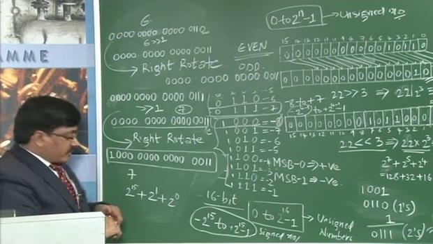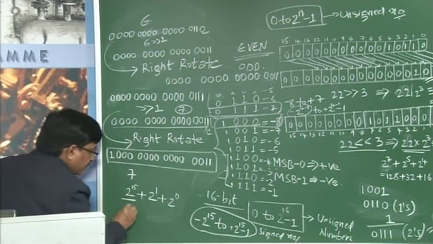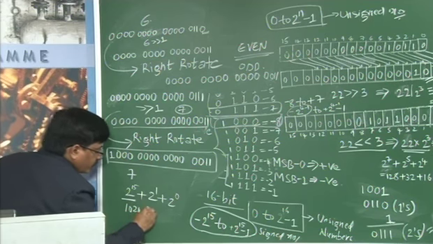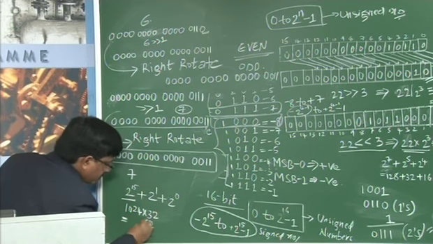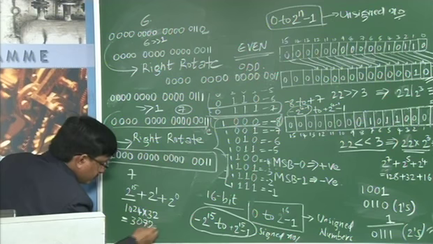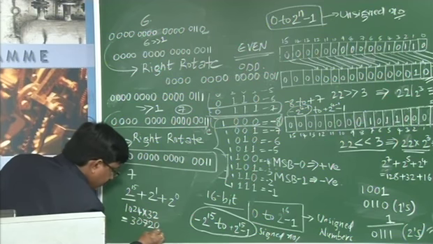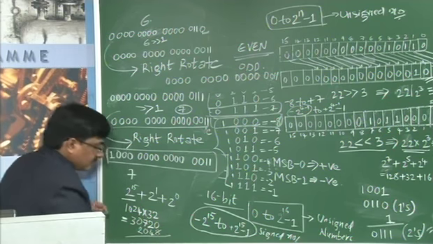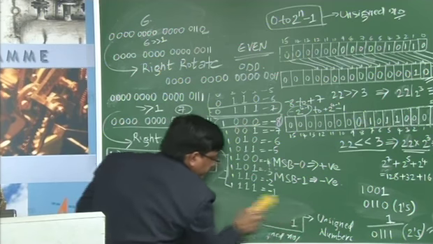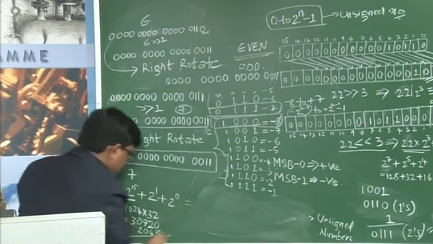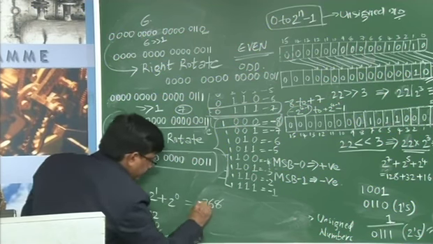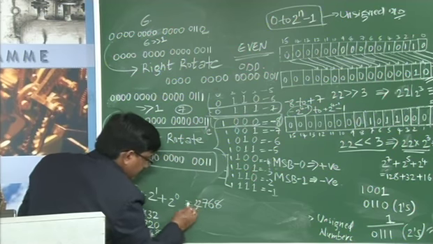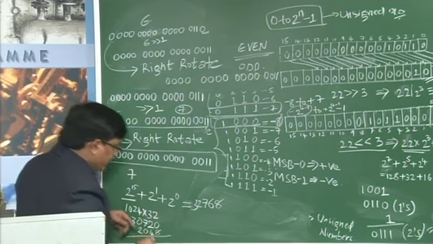What is the exact value of 2 raised to 15? 2 raised to 10 is 1024, into 2 raised to 5, which is 32, giving 32,768.